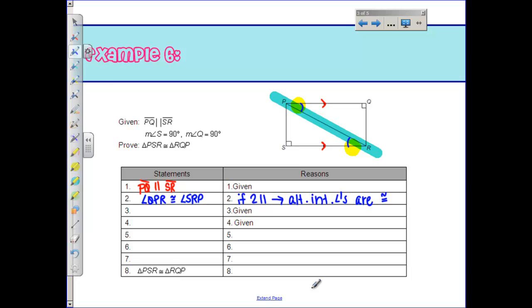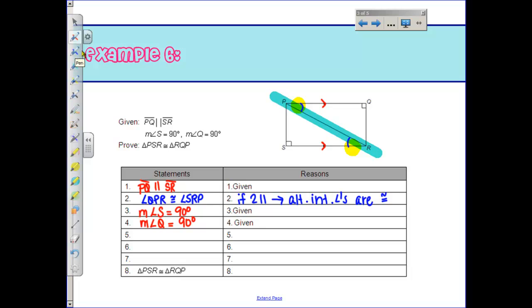Alright, that's how it would be worded in that multiple choice question that you're going to see, and probably on your test. From there, we go back to our givens, and we are told that the measure of angle S equals 90 degrees, and that the measure of angle Q equals 90 degrees.